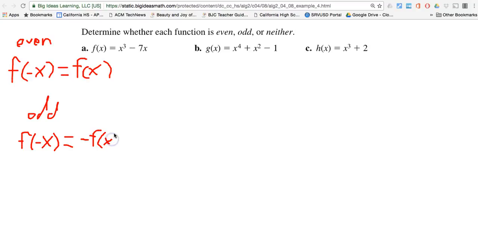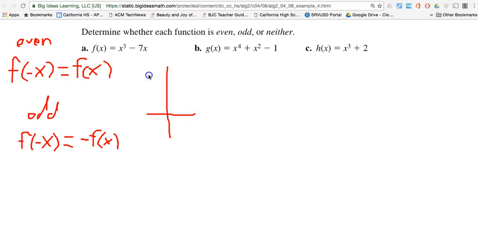Now, if you look at what this means in terms of transformations, what kind of transformation do we get if we take the opposite of our input? Yes, that's a reflection around the y-axis. So if we reflect our function around the y-axis and it's still equal to our function, that means our graph really didn't change at all.